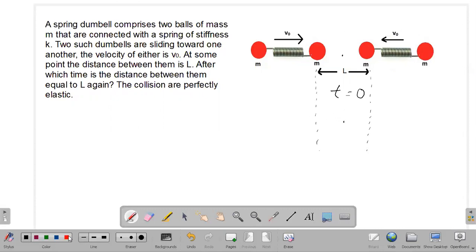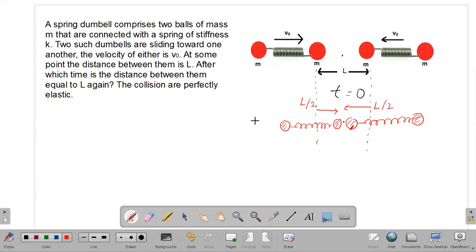Just before the collision, the left dumbbell will travel some distance to the right, and the right dumbbell will also travel some distance to the left. Because of the symmetry and identical velocities, the left dumbbell will travel a distance of L by 2 to the right, and the right dumbbell will travel L by 2 to the left.